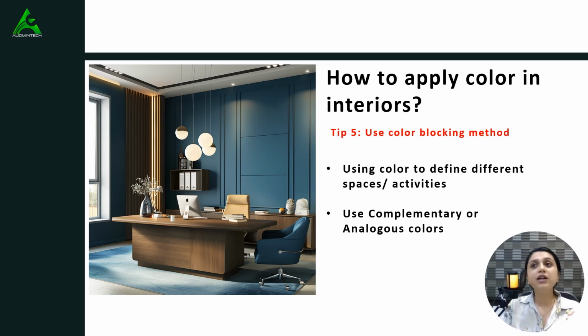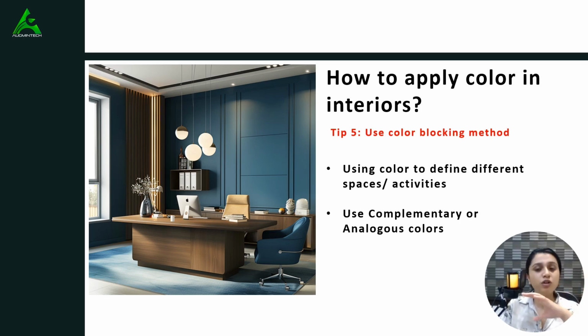So similarly, imagine you are designing a gym. Now you want to have different floors for different activities. The first floor may be for your cardio, second floor for strength training, and the third floor is for your water, spa, and all of those things. So you can color block also in this kind of situation where you create your color blocks.